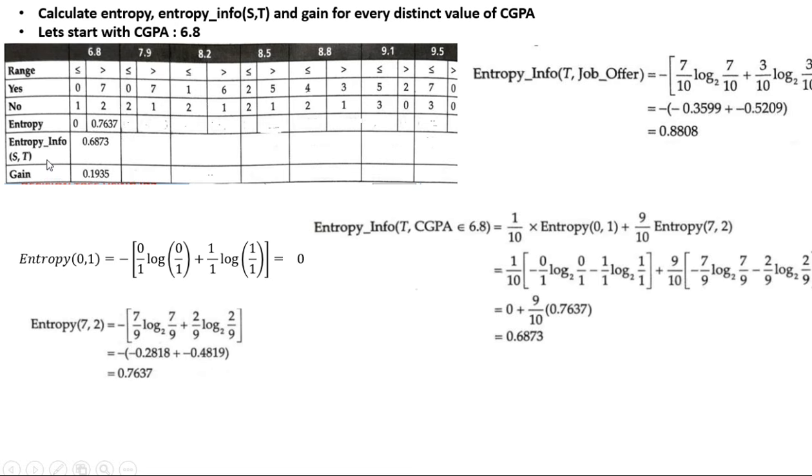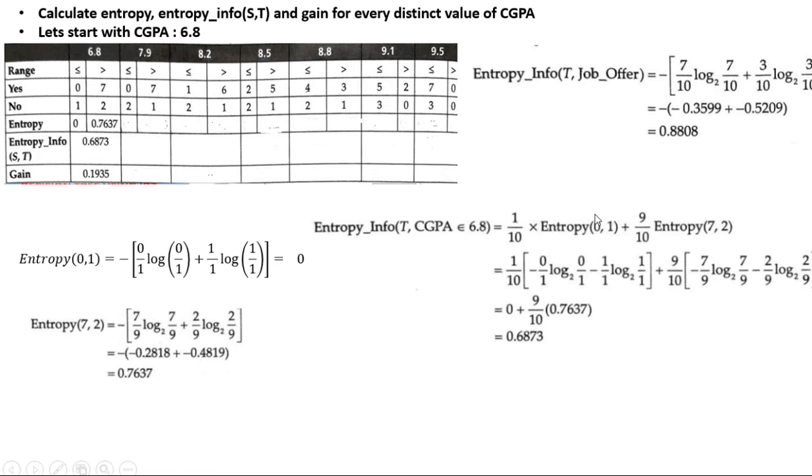Next you find entropy information for the training data set, for CGPA which belongs to 6.8. So how do you do this? See how many entries you have for less than or equal to 6.8: 1. How many entries for greater than 6.8? 9. So 1 by 10, where 10 is the total number of instances, into entropy of 0, 1 plus 9 by 10 into entropy of 7, 2.